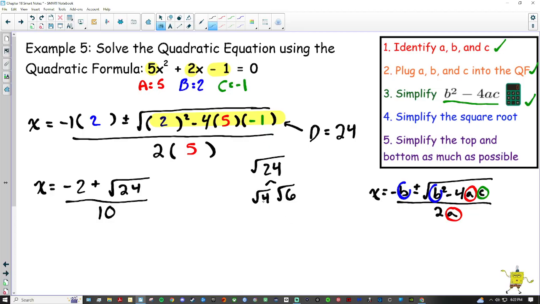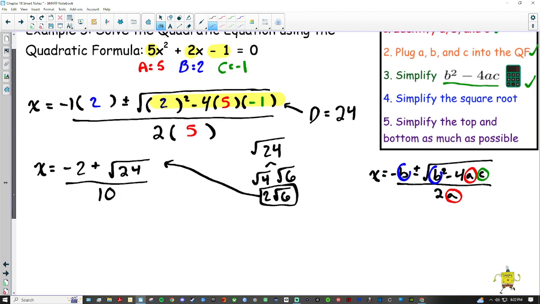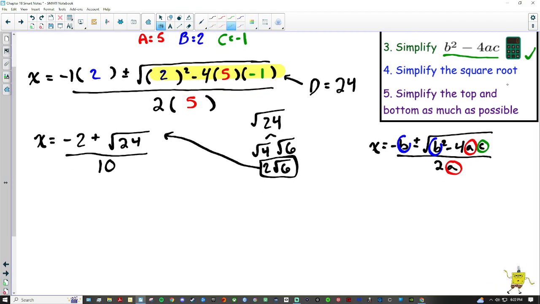The square root of 4 can simplify to a regular old 2, and we keep the square root of 6. This is our simplified square root that we're going to plug back in. Let's rewrite. X equals -2, plus or minus 2 square root of 6, over 10.